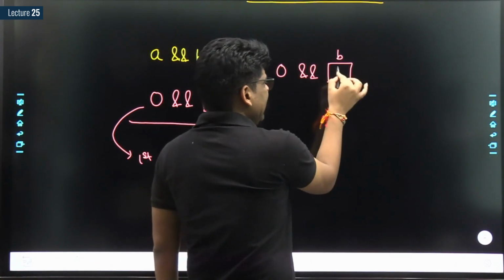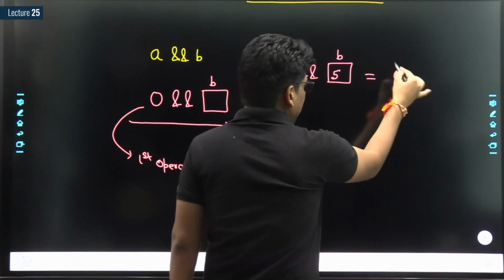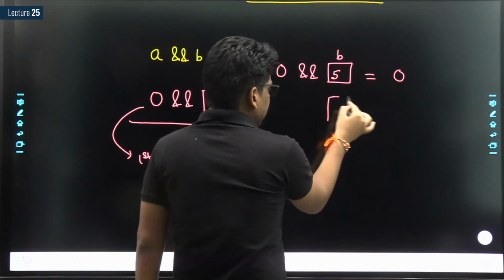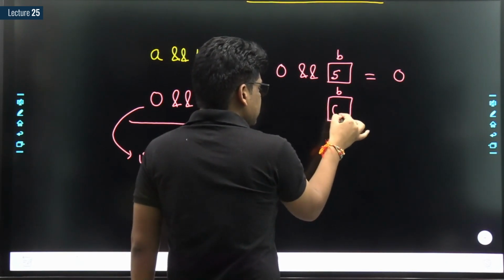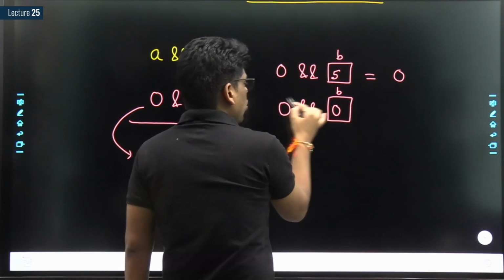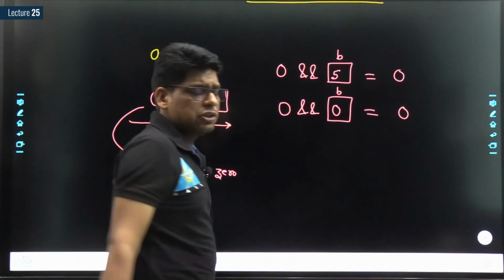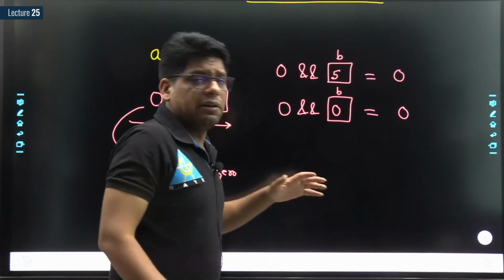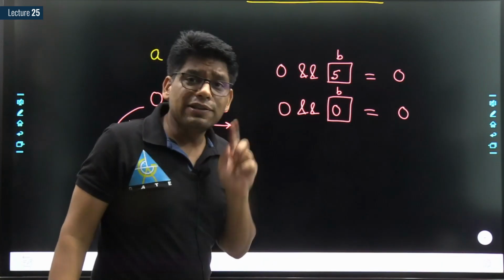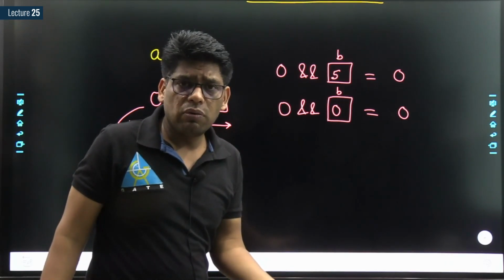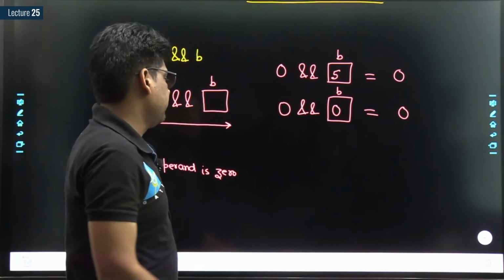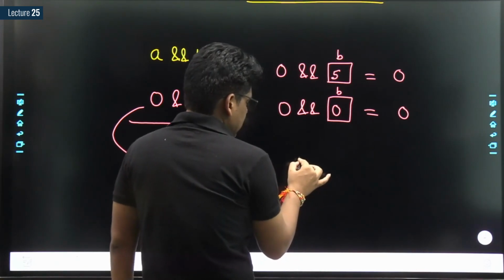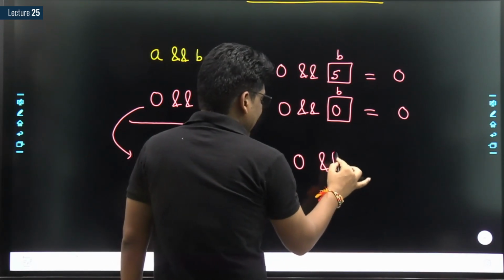If B is non-zero, the result will be 0. Even if B is 0, the result is still 0. Why is it so? Because if any one among A and B is 0, the result will be 0. Try to understand again. I am saying something like this: 0 and something.